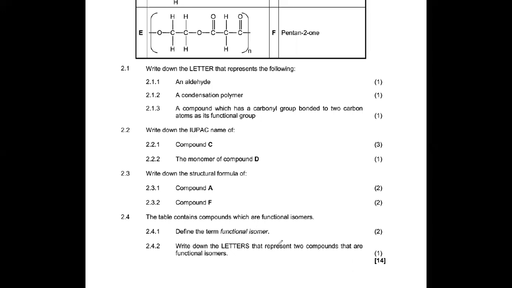A functional isomer is an organic compound with the same molecular formula, but a different type of functional group.